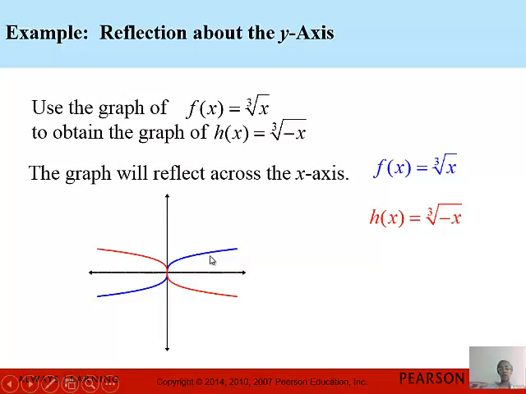And now instead of being in quad 1, this portion is in quad 4. This portion that was blue and in quad 3 turns red and is rotated into quadrant 2. So that's the effect of multiplying your input by negative 1.